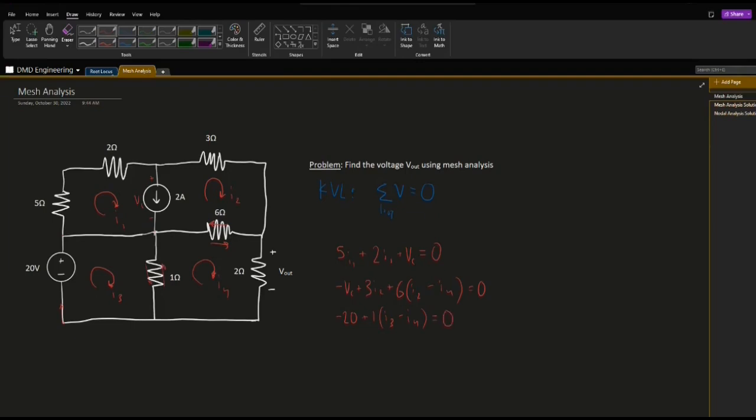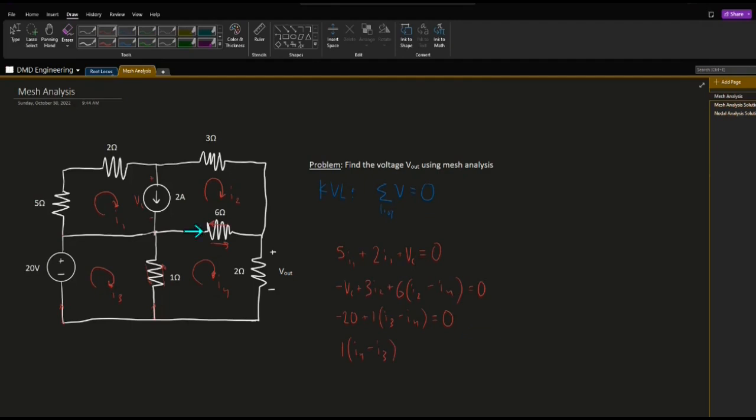Then the last loop we have is I4. Once again, starting bottom left, and you can start anywhere you want, of course, that's just where I always start, and working our way up, we'll go through this 1 ohm resistor, so we'll have 1, and this time, since we're doing the I4 loop, I'm going to do I4 as positive minus I3, which is going in the opposite direction.